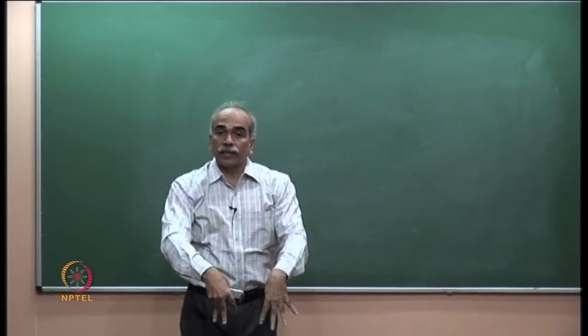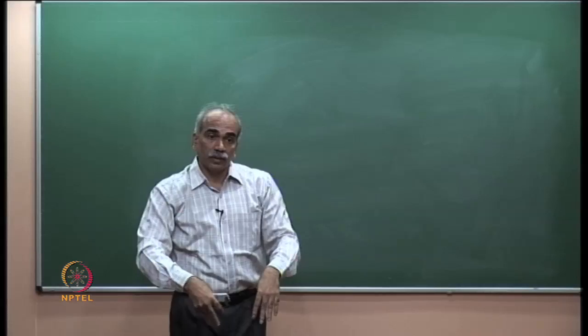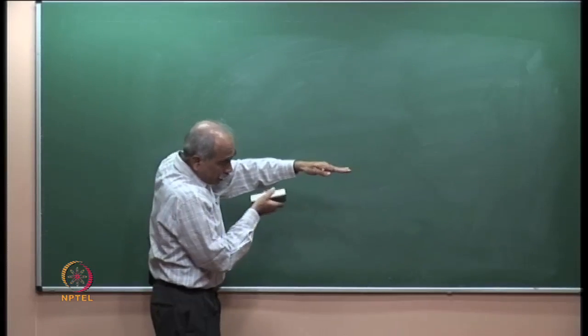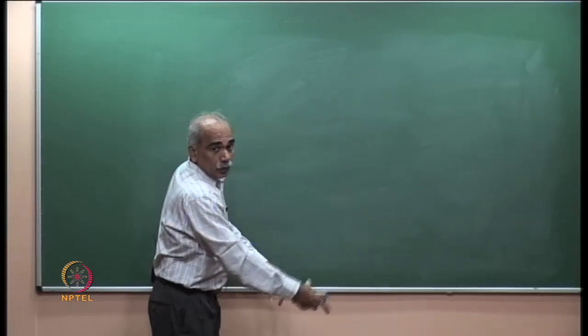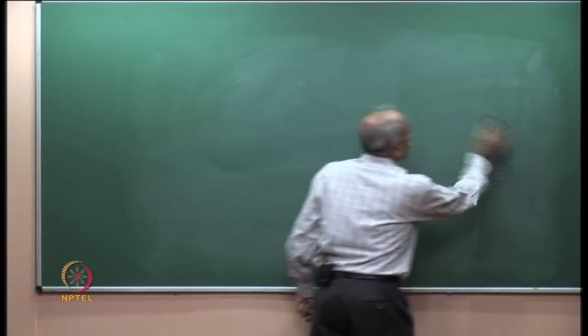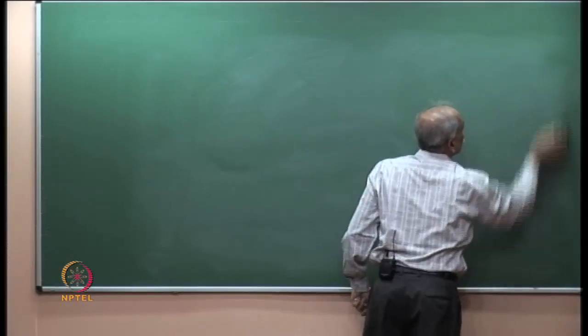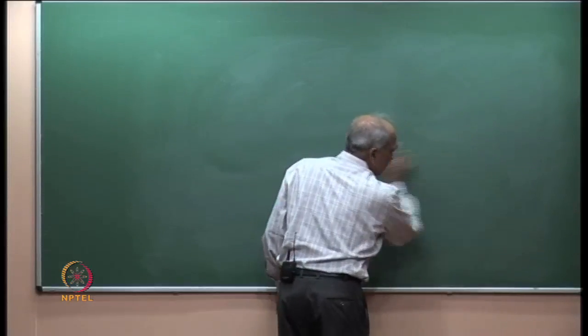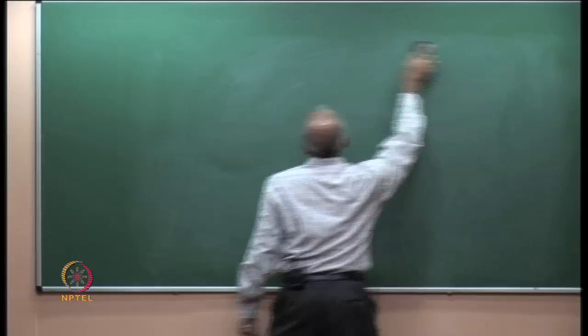Therefore, more current flows through the device. Current flows from the top because the electrodes are there, and because the device is longer, more current has to flow to create the same delta N, the same concentration. Because if the length is larger, the volume is larger.